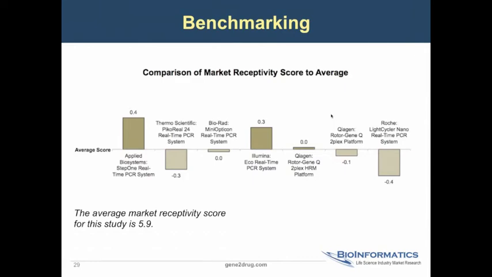They have the highest vertical bars above the average that is indicated here by the horizontal line. In this case, both companies identified the customer need as making advanced real-time PCR technology accessible to both experienced and new users.